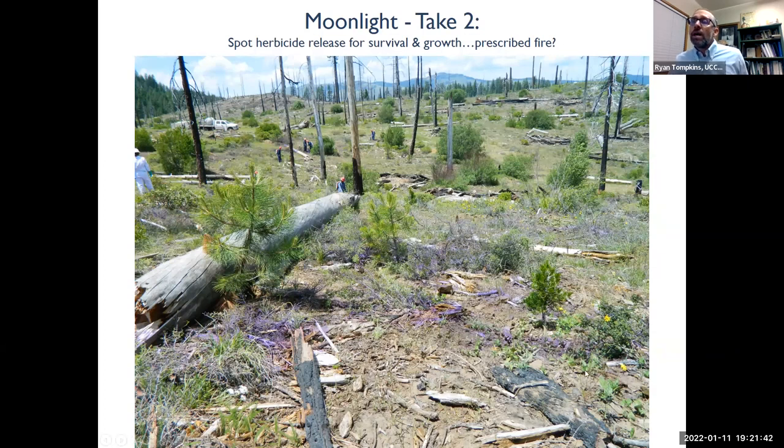Our mechanical treatment also allowed us a more judicious application of herbicide in the vicinity of the trees that we were planting, so we could improve and maximize their growth and development of fire resistant qualities, but also maintain some levels of shrub and forbs on site to meet our ecological goals.